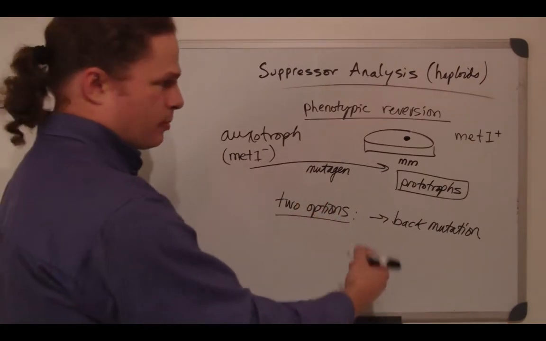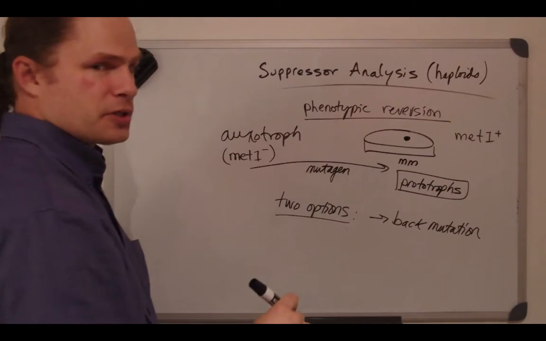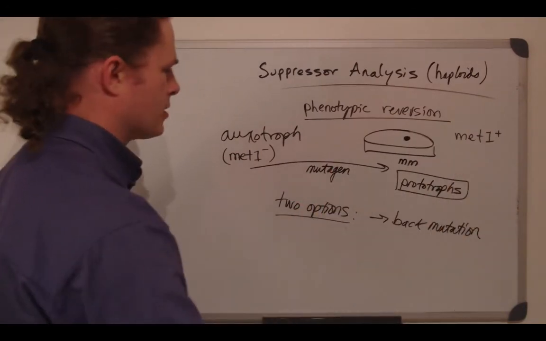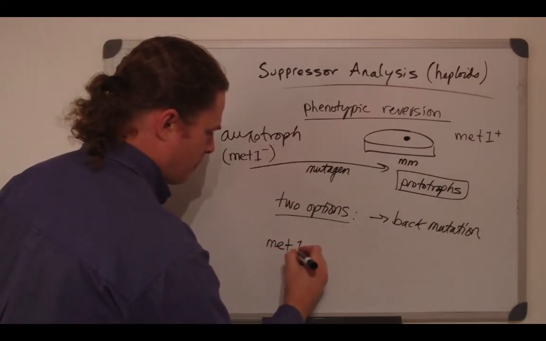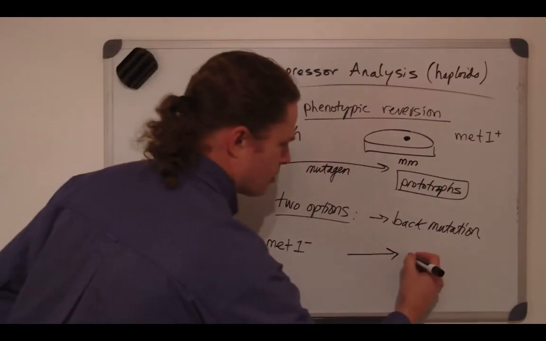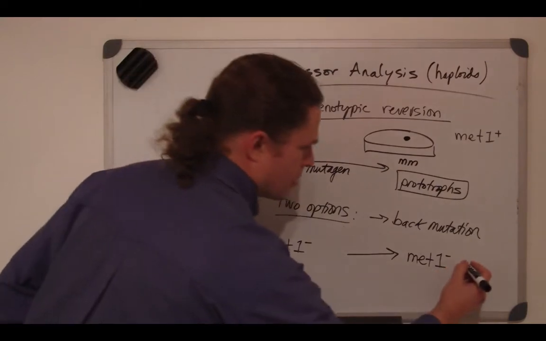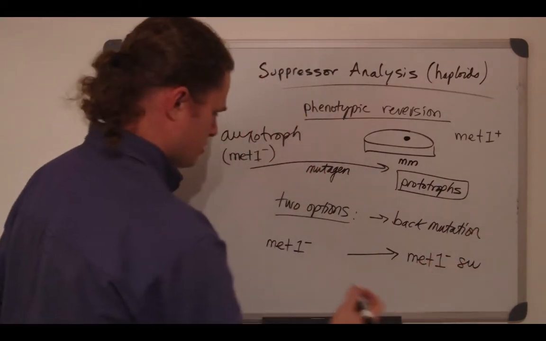The other possible way to get this phenotypic reversion is this idea, what we've just been talking about, a suppressor, having some second mutation which now masks the effect of the first. If that's the case, we would have a conversion from MET1 minus, and the mutation event would not change that original locus, it would still be MET1 minus, but now there would be a suppressor involved, which I'll abbreviate just as SU.